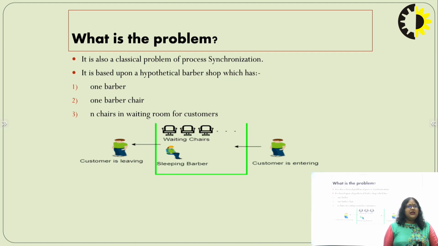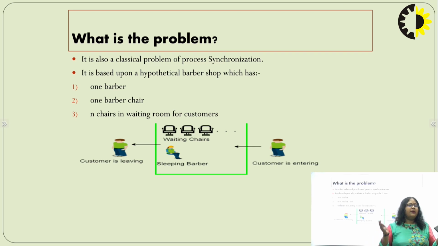In this problem, there are some hypothetical things that we have to use, like one barber chair and a number of chairs for the customers. Customers are in the waiting state, waiting for the haircut.